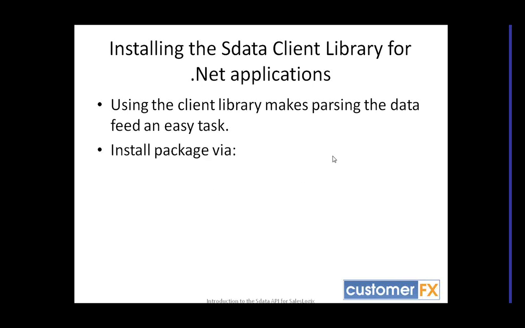In order to get that client library, you can do one of a couple of things. You can go up to GitHub. If you're not familiar with that, it's an online collaboration site that allows you to share and collaborate on a given project. And actually, I can even show you that here.